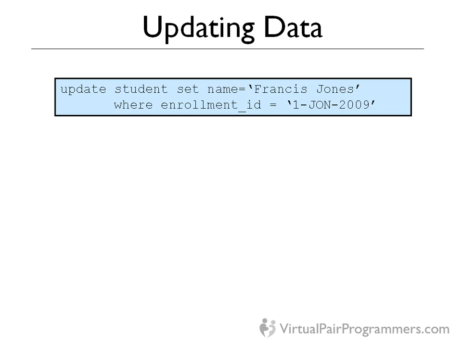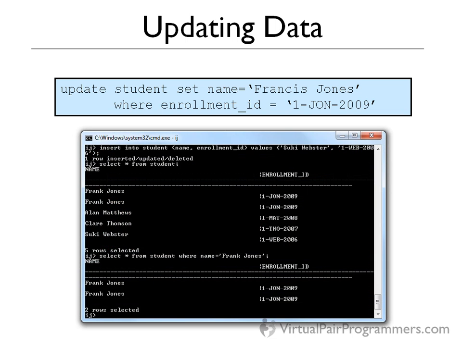Now, if we didn't have the where clause, this would change the name of all of the rows in this table. So you have to be very careful with an update statement to make sure that your where clause is targeting the correct rows. We can give this a try.